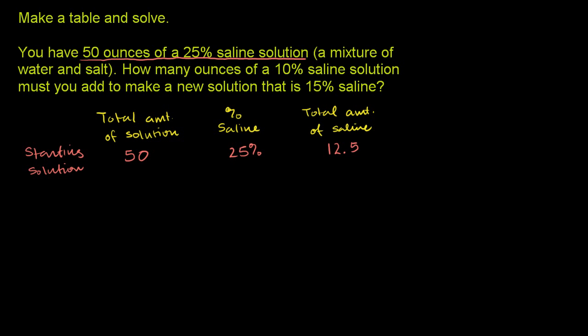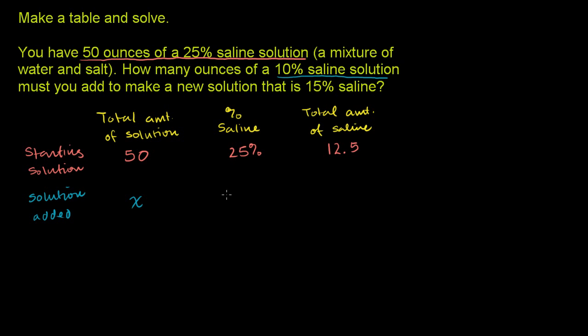Now, let's talk about what we're going to add to it. So, solution added. Now, they say how many ounces of a 10% solution. So we don't even know how many ounces we're going to add. That's what we have to actually solve for. So let's call that x, for the amount of solution that we have to add. We do know that it is a 10% saline solution.